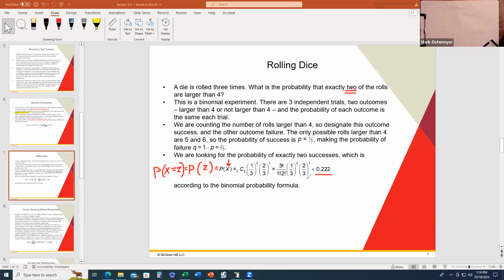Well, there's an easier way to compute that probability. You don't have to involve yourself in the combination function or any of this other business. All you gotta do is bring up your TI-84 calculator. Now, when we use this calculator, we need to understand how to use the binom PDF function.